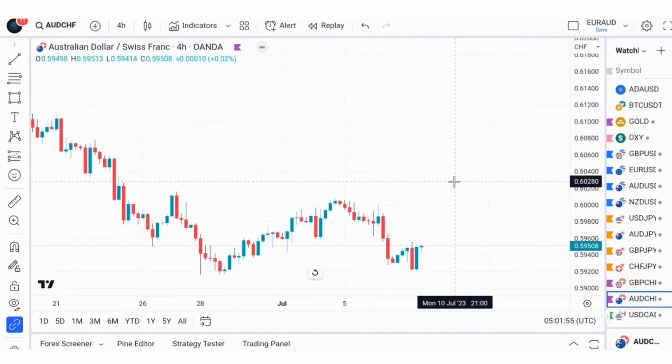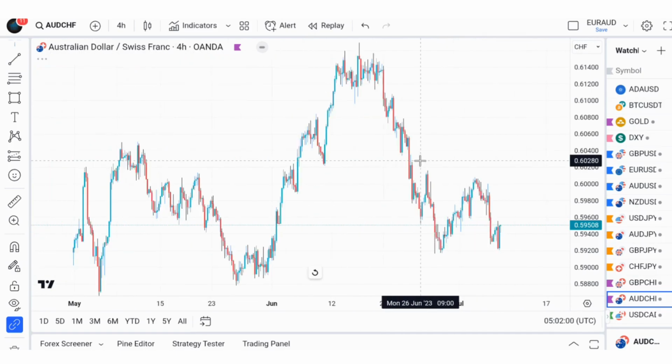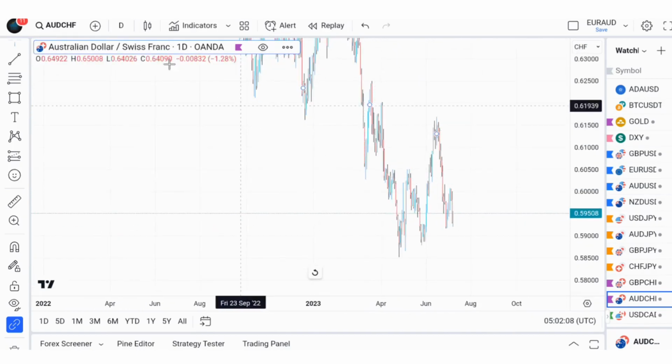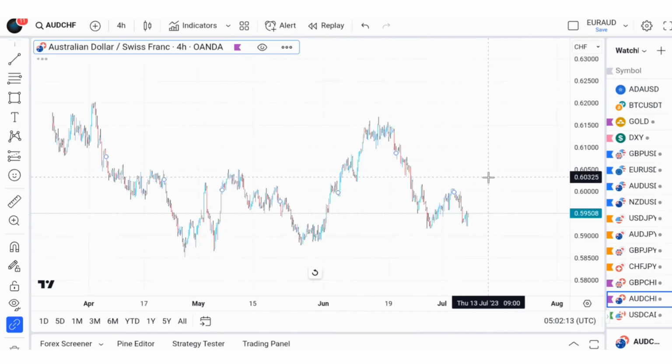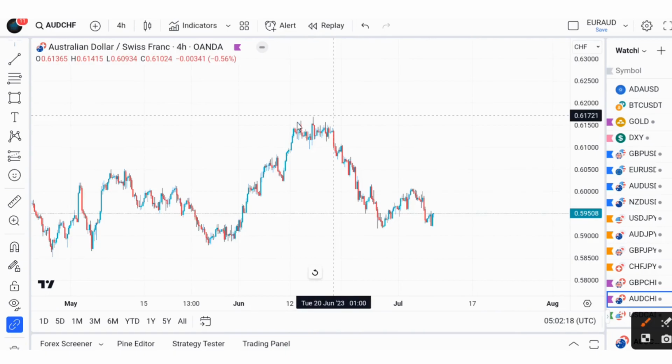And then the AUD Swiss franc, the overall time frame is signaling the downside, but on a short term basis I'm willing to buy AUD Swiss franc to one of the levels right there. So if you check it, you see that we have a high and then we have a low at this particular area.